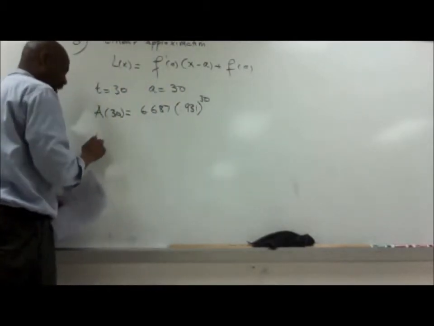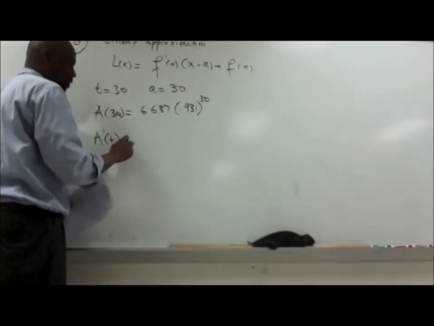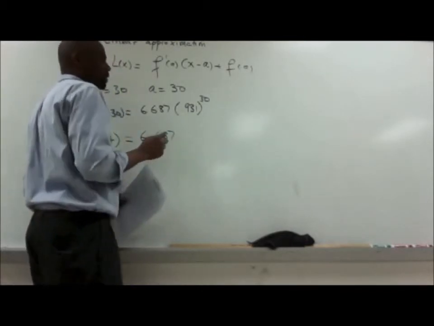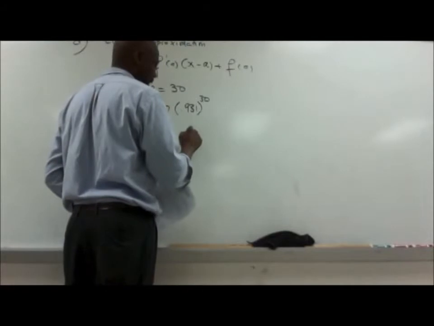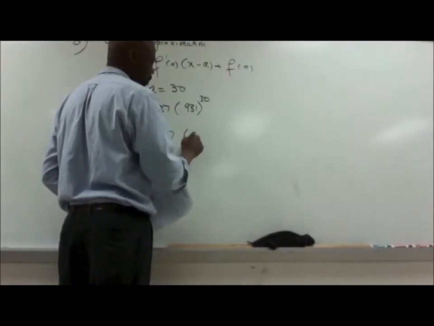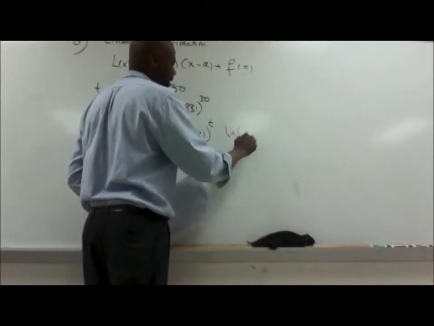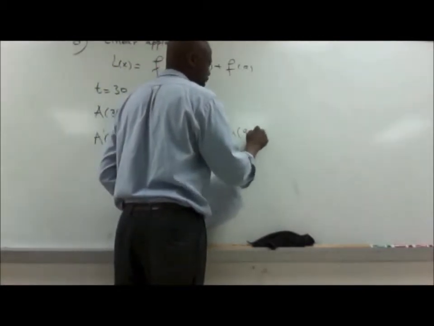And then you're going to find A prime of t, which is 6.687 times 0.931 to the t times ln 0.931, and then plug in the 30.